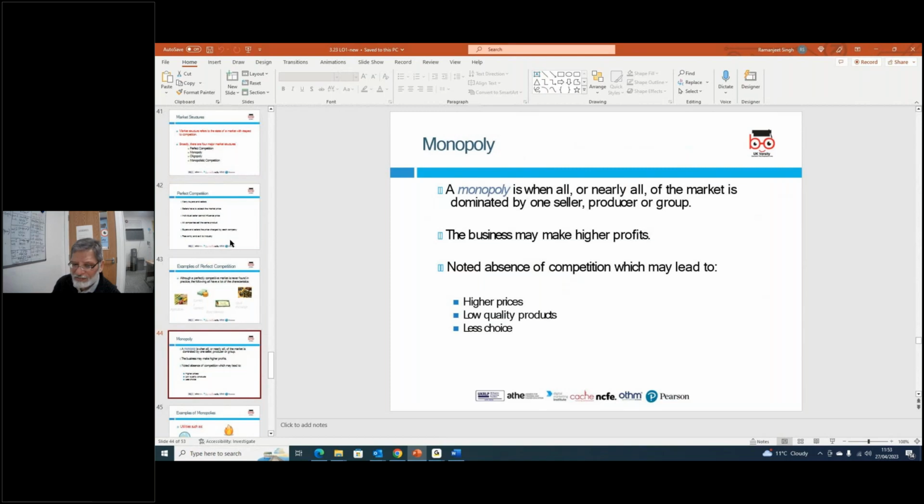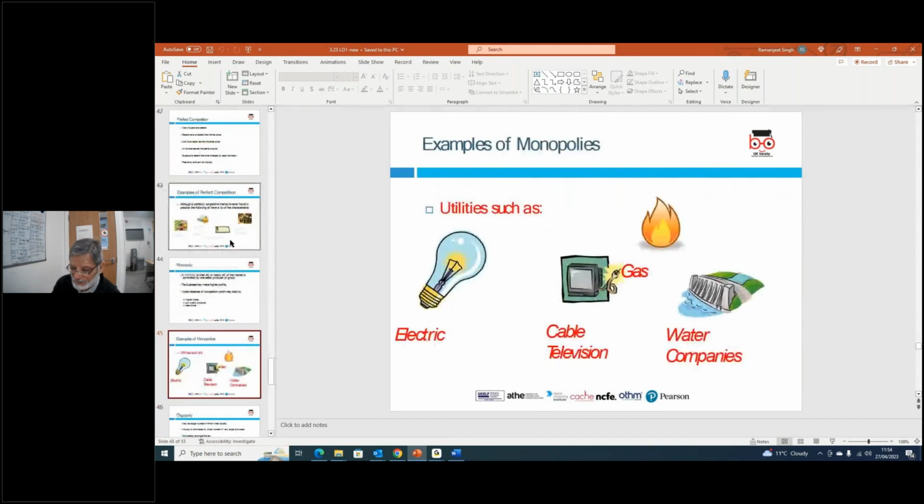There's very little differentiation of the product. The quality may be low or the quality may be high. There's nobody to challenge that particular supplier. Okay, for example, we have a monopoly of products like utilities, for example, water companies or gas companies, or electricity companies, right?